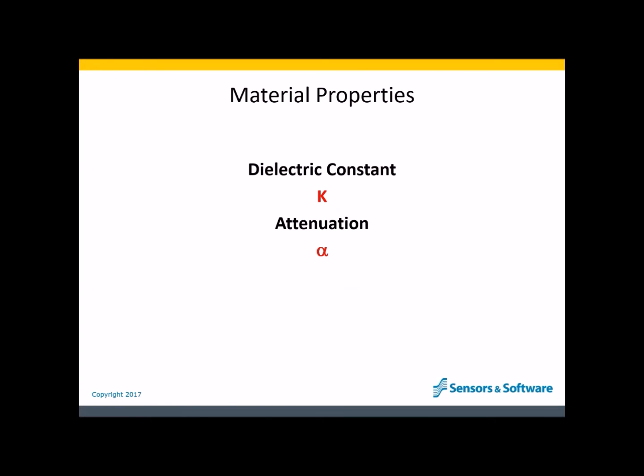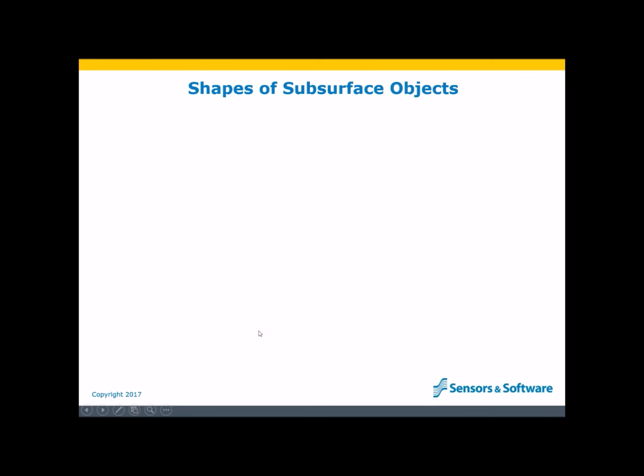We have had a long discussion about the two properties that affect your GPR survey more than any others. Now let's move on to how these properties affect us finding objects and boundaries in the subsurface. Let's think about all the things that we might be interested in detecting in the subsurface.